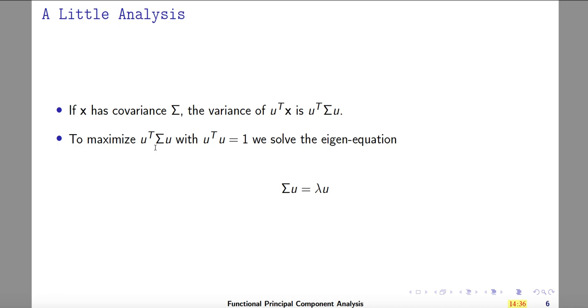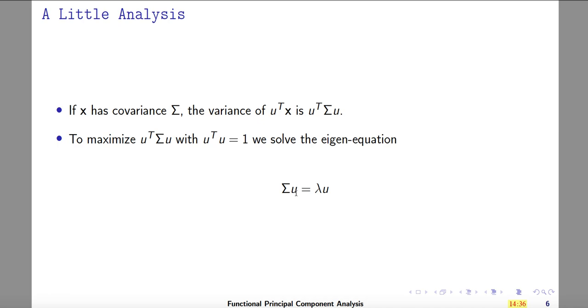So this is a constrained optimization problem, and it is hard to do this optimization directly. Unfortunately, in linear algebra, we already know that the u that maximizes this quadratic form u transpose sigma u is actually the eigenvector of capital sigma. So we only need to find the eigenvector of capital sigma to find the first principal component u here.